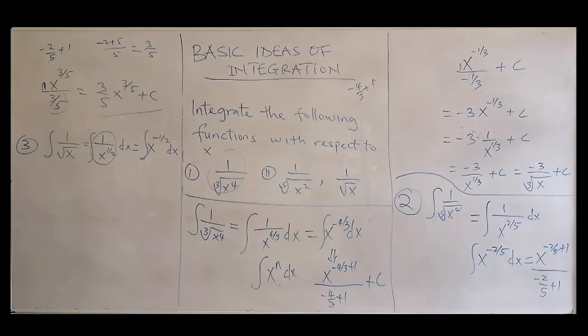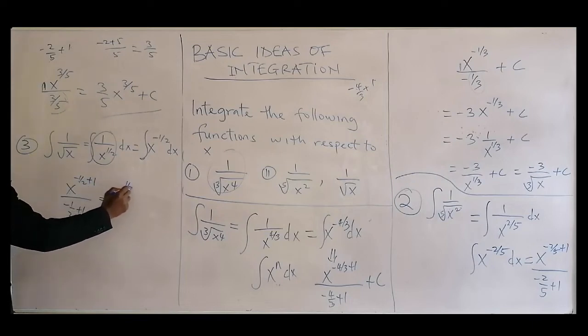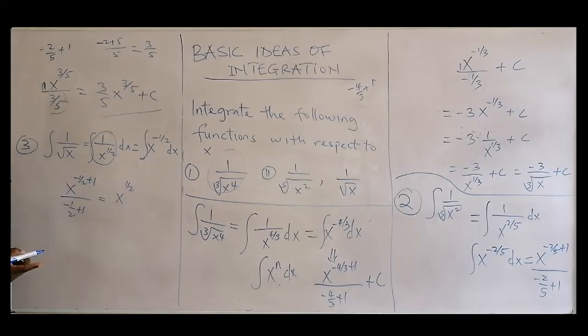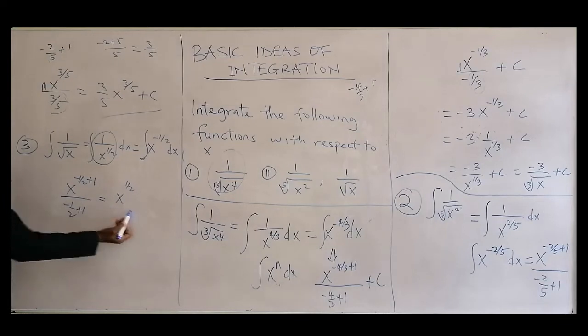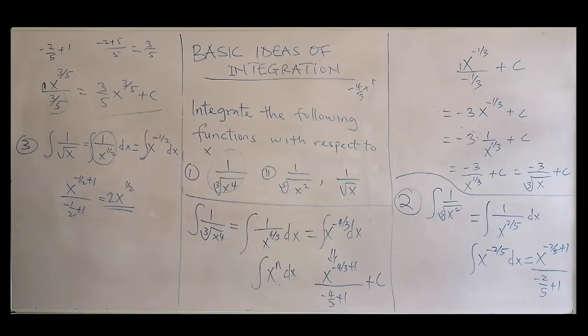With that we now have x to the minus half plus 1, over minus half plus 1. Minus half plus 1 will give you half. Then you have half here, and there's an invisible 1 here, and the inverse of half will give you 2.